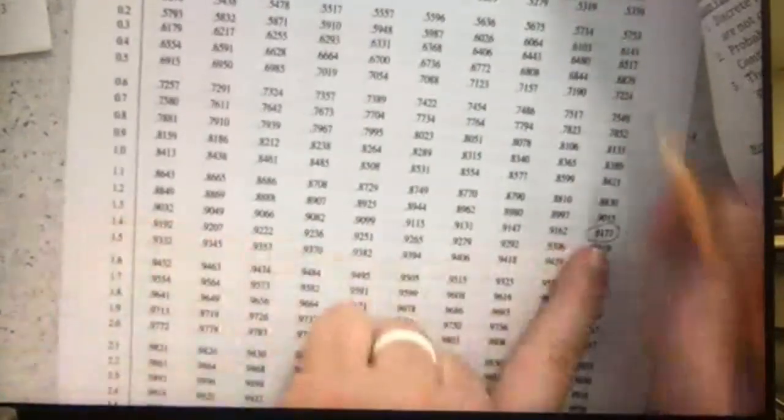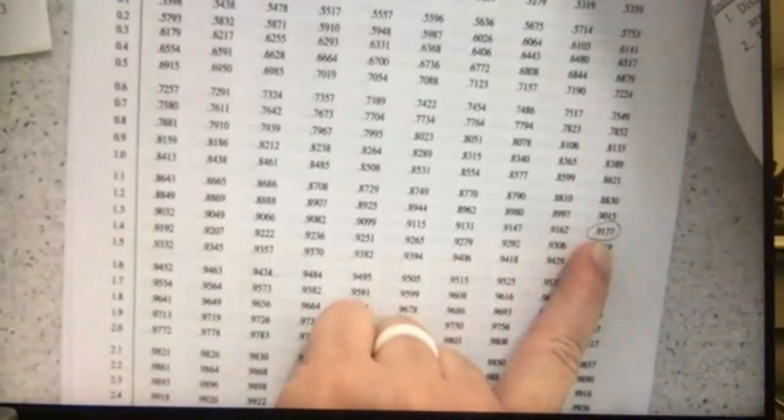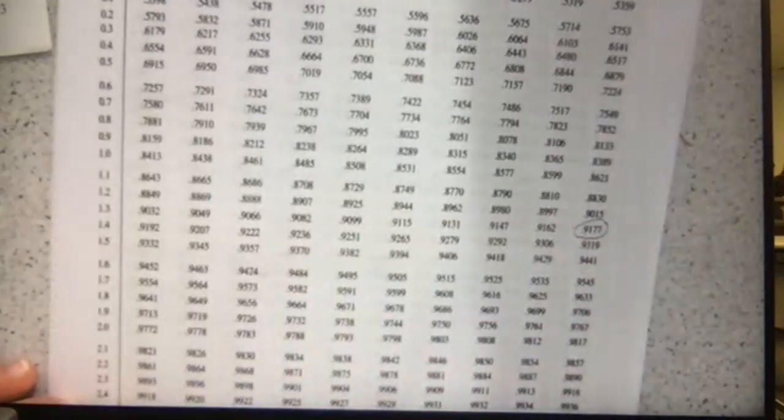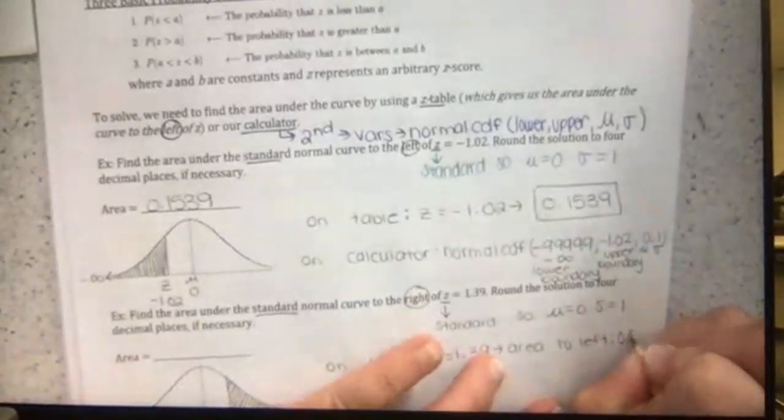So 1.39, 0.9177. But remember, that's area to the left. 0.9177, so that's all of this.